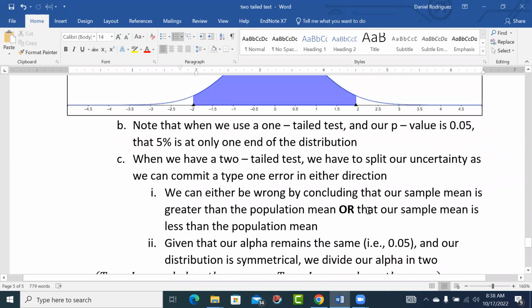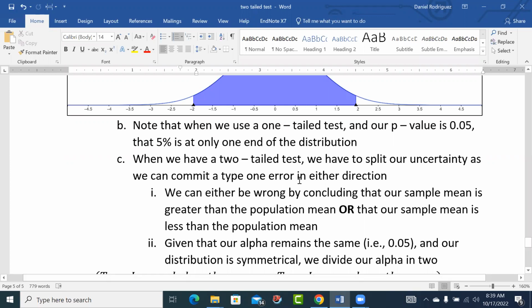So here you just find a little explanation, which is what I just talked about, but let's go through this. Note that when we use a one-tail test, our alpha is 0.05, right? 5% is at only one end of the distribution. When we have a two-tailed test, we split the uncertainty, as we can commit a type 1 error in either direction.